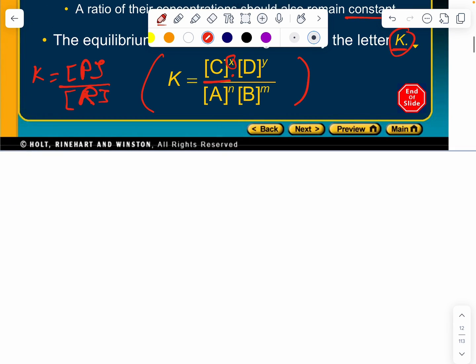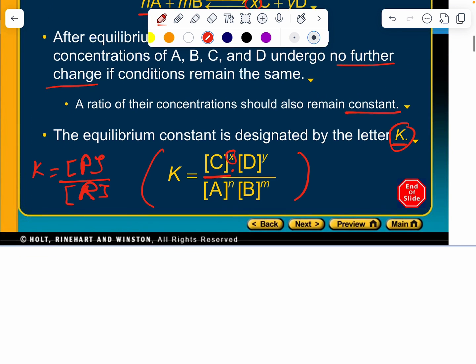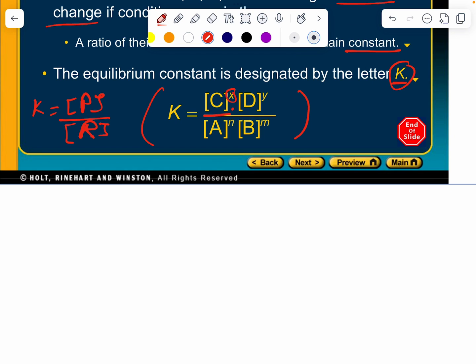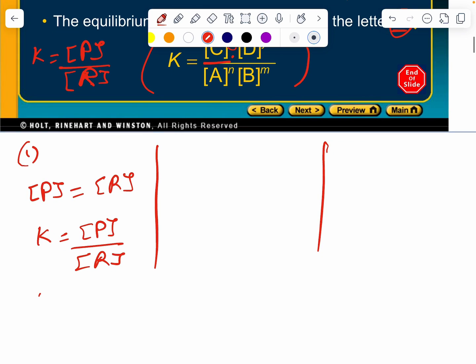Okay? When we talk about concentrations, we're going to have three scenarios. Scenario number 1, scenario number 2, and scenario number 3. Scenario number 1: if the concentration of products equals the concentration of reactants, in this case K will equal the concentration of products over the concentration of reactants, and since they are equal, K will equal 1.